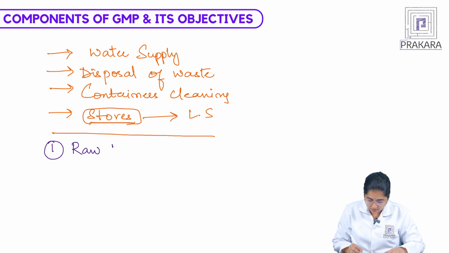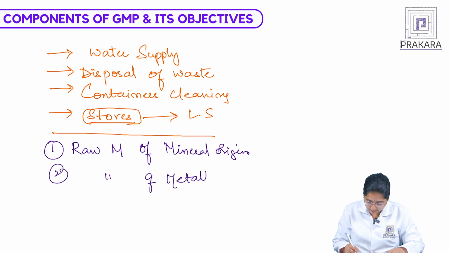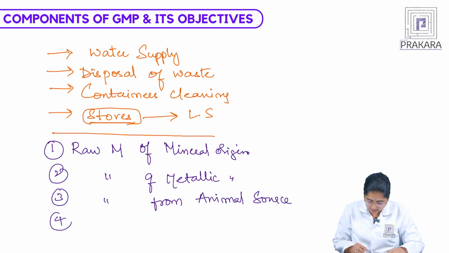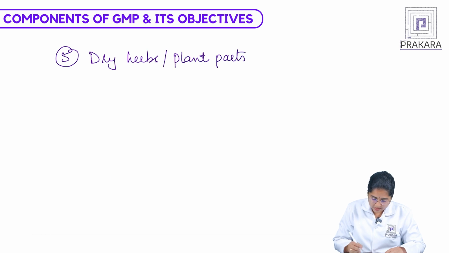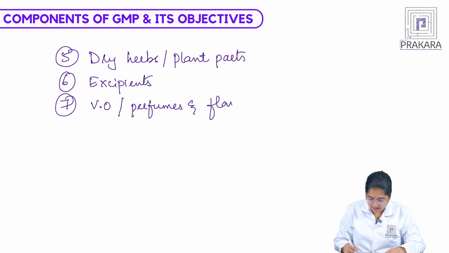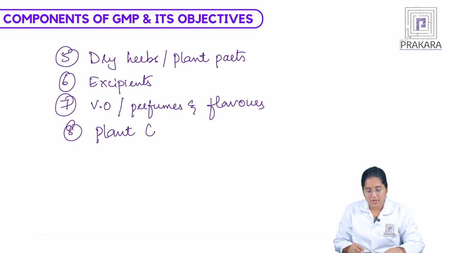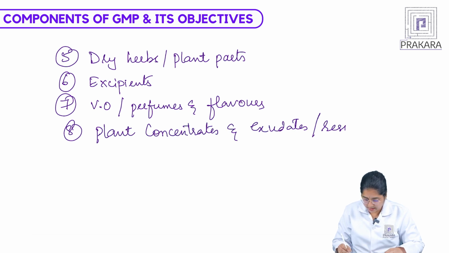Raw materials of mineral origin, then raw materials of metallic origin, then raw materials from animal source, then fresh herbs, fifth dry herbs or plant parts, then sixth excipients, then volatile oils, perfumes and flavors, then plant concentrates and exudates or resins.